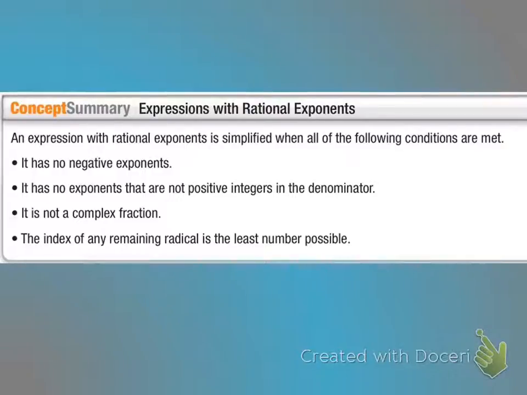If they have to be positive integers, they can't be positive what? Fractions. Because integers aren't fractions. Integers are your positive whole numbers, your negative whole numbers, and 0. So if it's a fraction or a negative in the denominator, you got to do something to it. Okay? It can't be like that. And I'll show you why here in just a little bit.